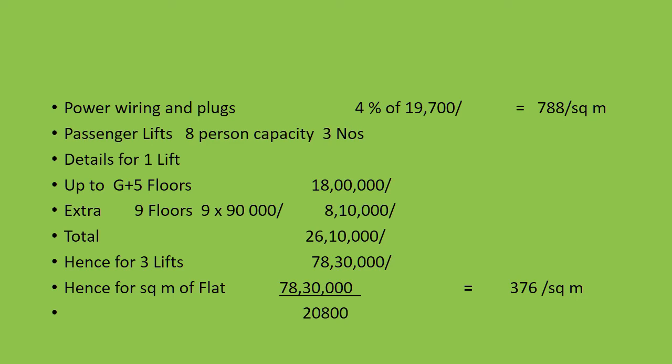Here also, though the flat in question to be valued is on the 8th floor, the cost of the passenger lift up to the full height of the building, that is up to the 15th floor, you will have to take into consideration, and it has to be divided by the total built up area to find out the share in each flat according to the built up area of that flat. So it is 376 per square meter.